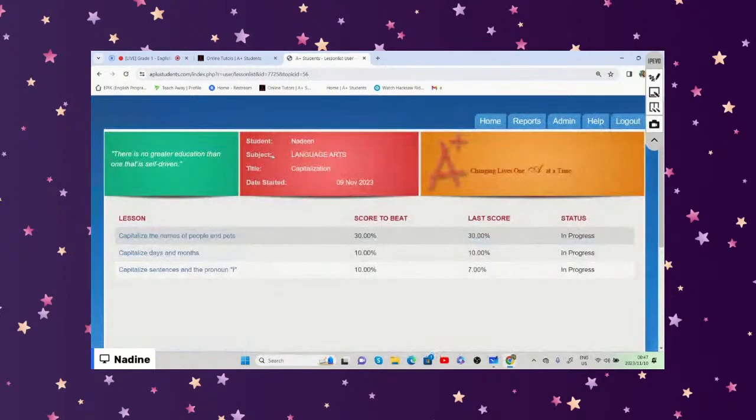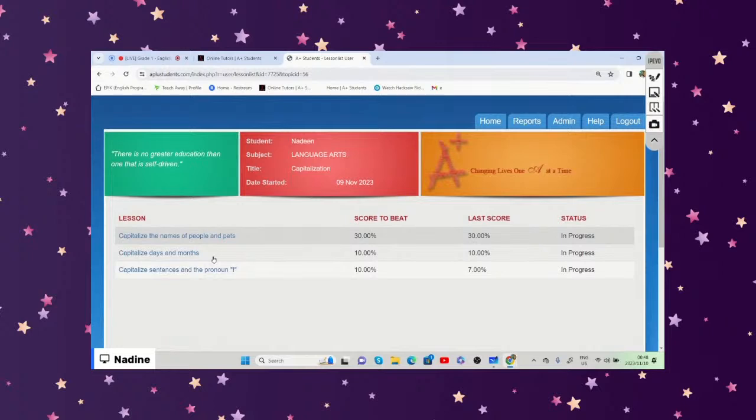All right, so this is the end of our lesson on capitalization. And we said that we need to capitalize names of people, names of pets, days of the week, months of the year, as well as the pronoun I. Remember, when we capitalize the names of people, we write their name and their surname with capital letters, whether it is in the beginning, middle, or end of the sentence.